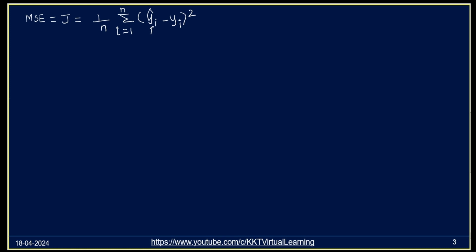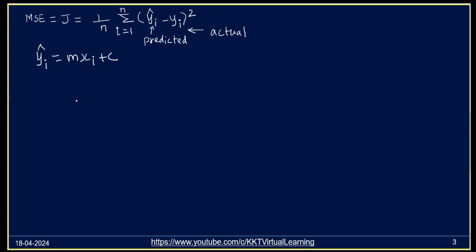Here, this yi cap is the predicted value and yi is the actual value given in the data set. The predicted value yi cap is given by m xi plus c. This error function should be minimized by choosing optimum values for m and c.